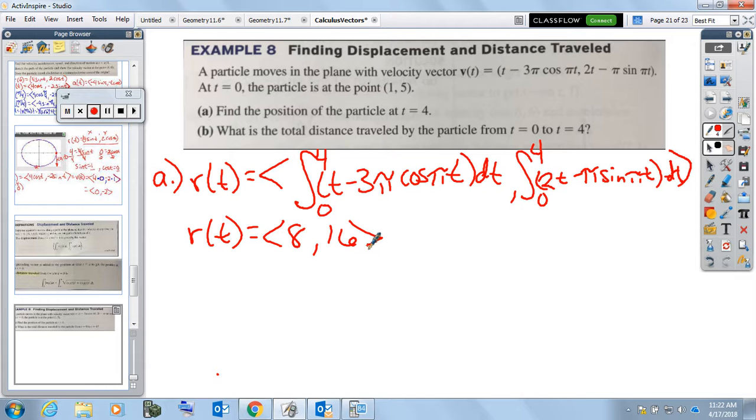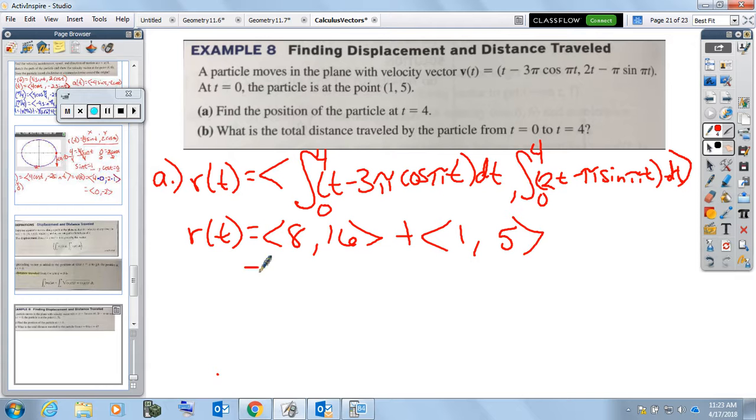So it's not just (8, 16), because that's where it was when t equals 4. I want to know where it started out. So (8, 16) gives us the movement from the starting point. Well, the starting point was at (1, 5), not at (0, 0). So I have to add the vector (1, 5) into the mix.